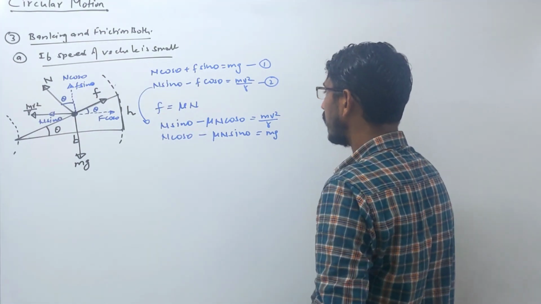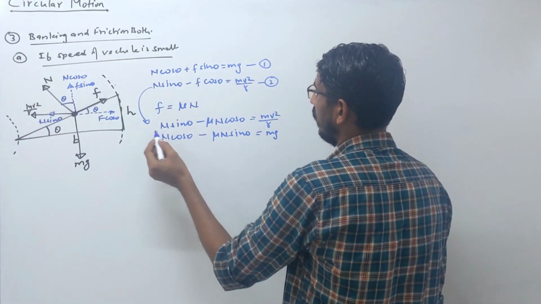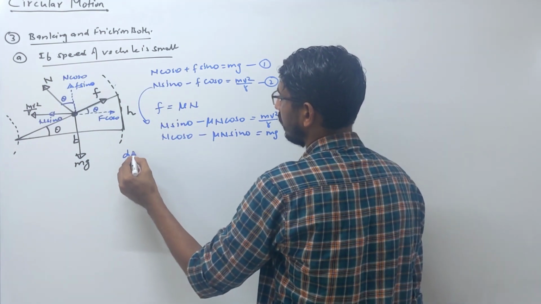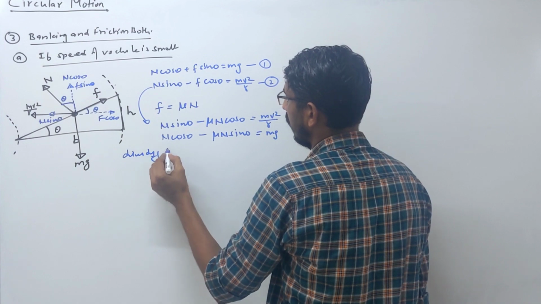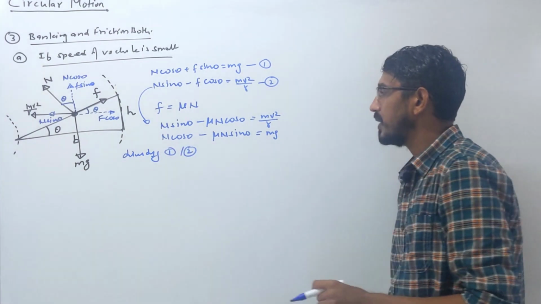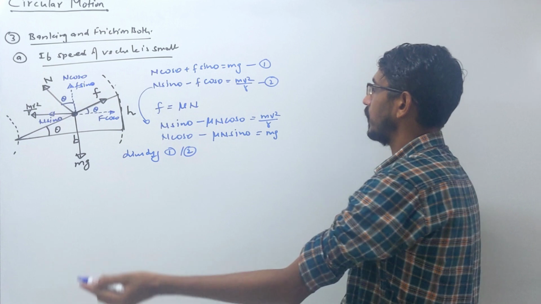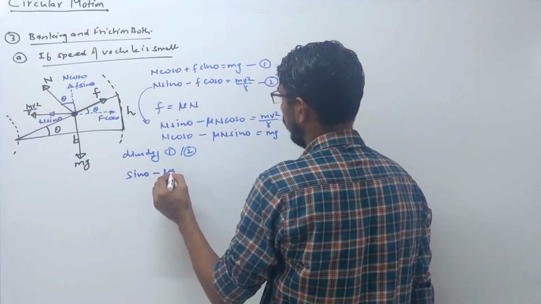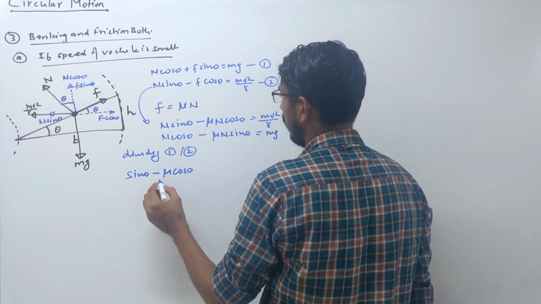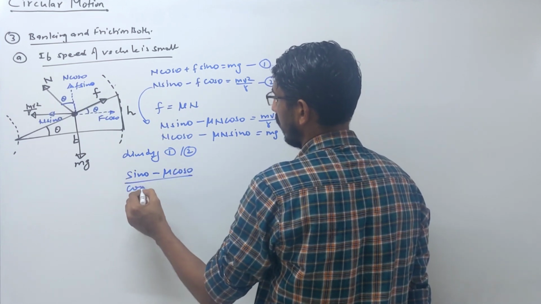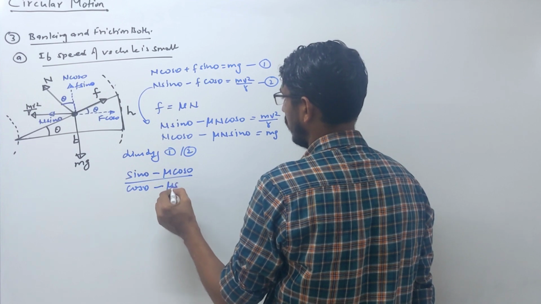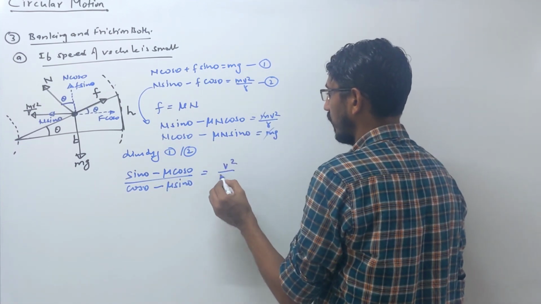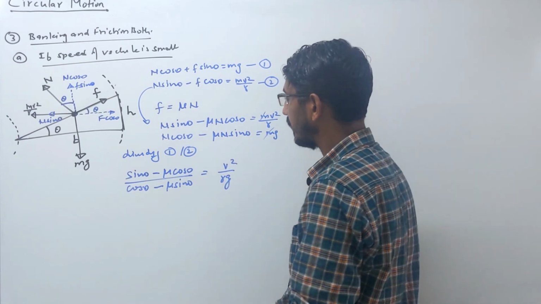Dividing equation 2 by 1, N cancels, and I am getting sin theta minus mu cos theta by cos theta minus mu sin theta is equal to, m cancels, v square by rg, correct?